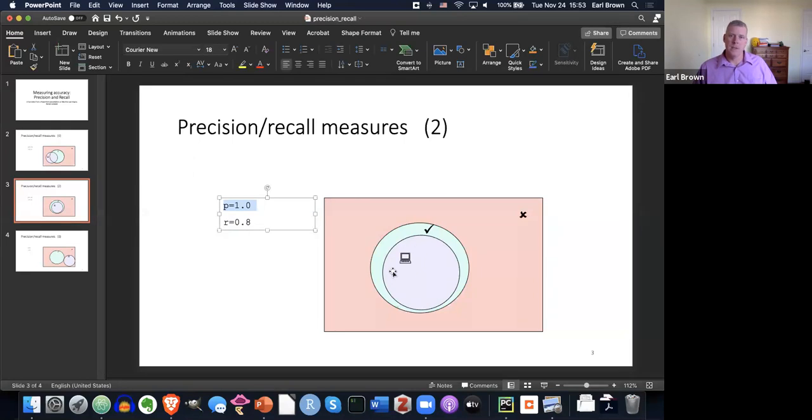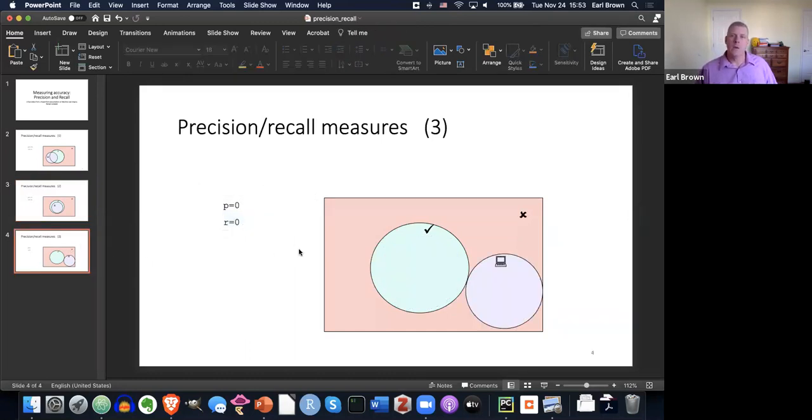The purple circle falls entirely within what we should have gotten back, but the recall is not 100% because there's still some stuff left in the green that's not in the purple.